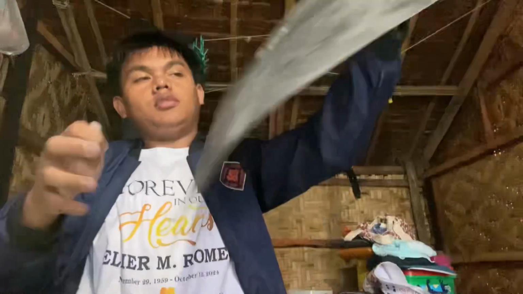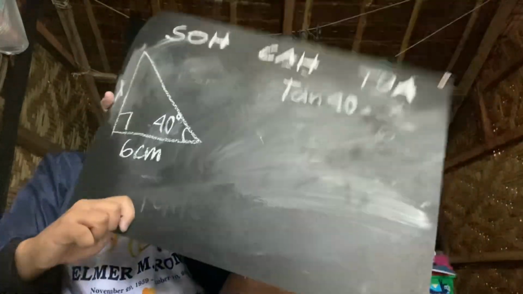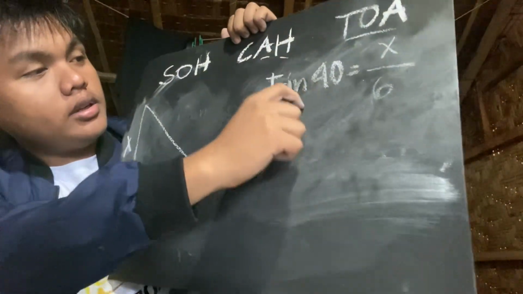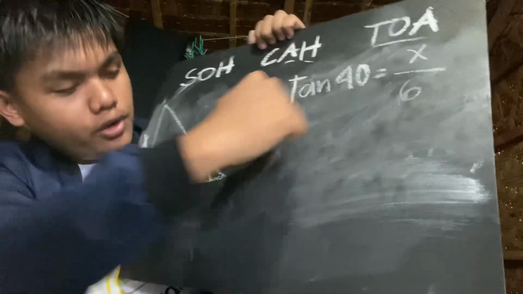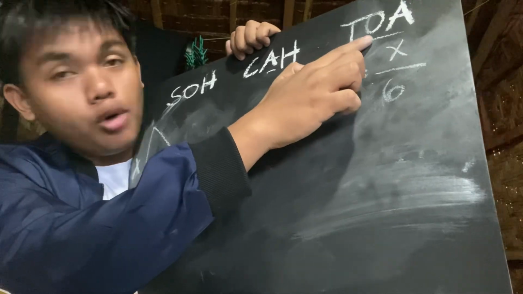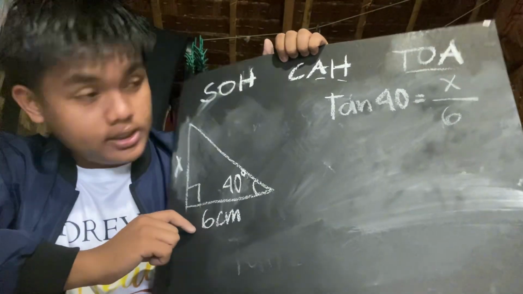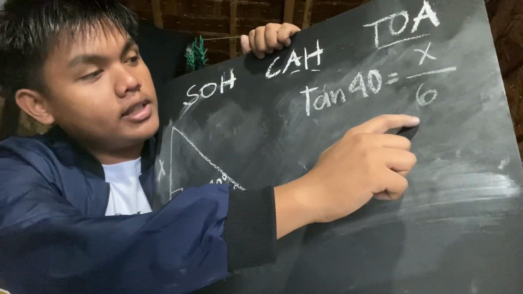Tangent 40 equals opposite, which is x, over the adjacent of the angle, which is 6. So we can write this as this.